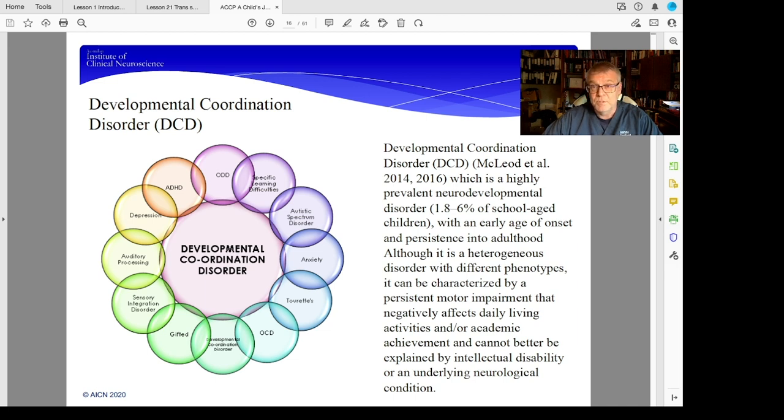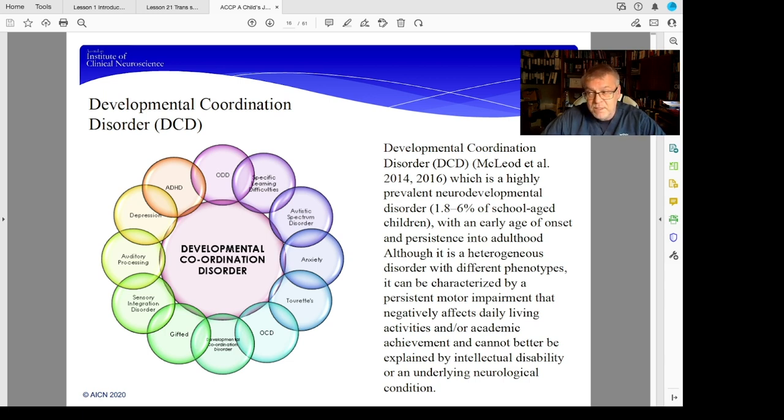So it's sometimes tough to differentiate these kids. Developmental coordination disorder was first brought to attention or identified by McLeod in about 2014, so it's been with us for about 7-8 years now.